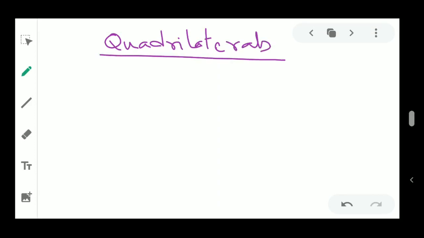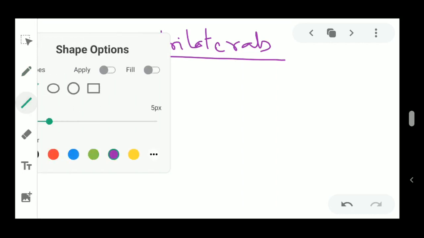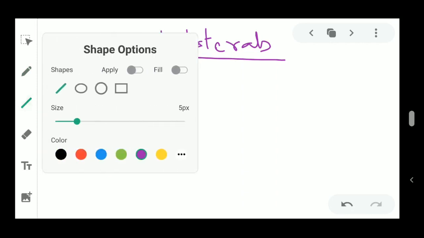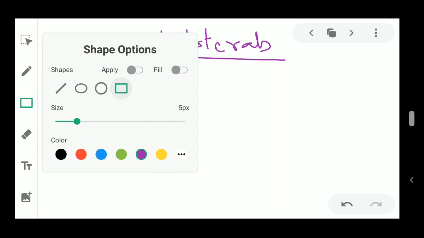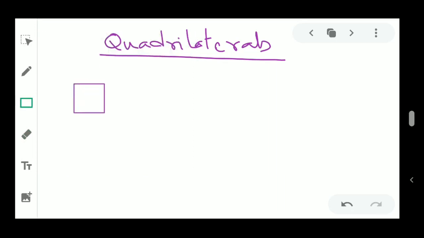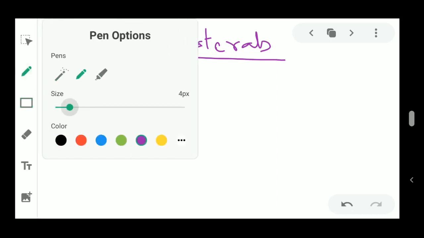Like the first one is, oh, I can draw here. No, right. Okay, so I'll draw from here. So the first one is a square. Square means all sides are the same, so these are squares.